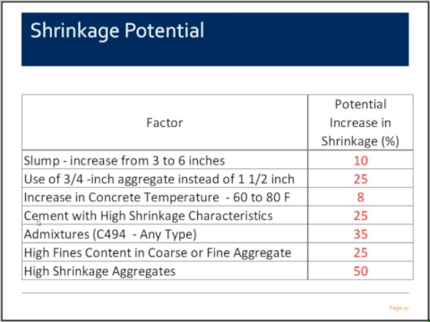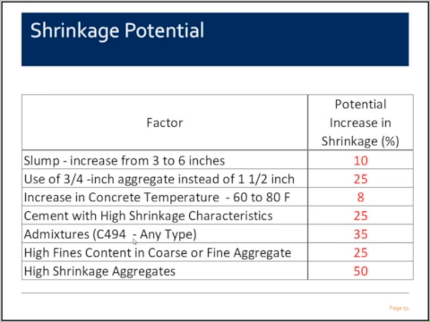Some other factors: cement, as I was talking about before, can affect our shrinkage potential in some cases by as much as 25%. Any admixtures you use in concrete will affect the shrinkage potential.